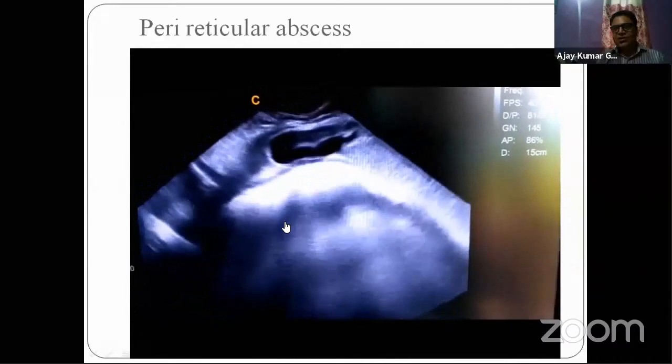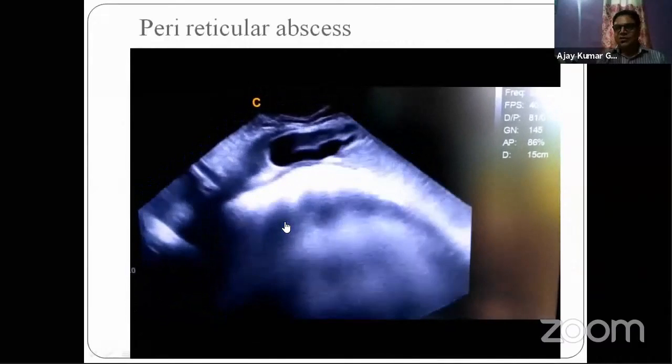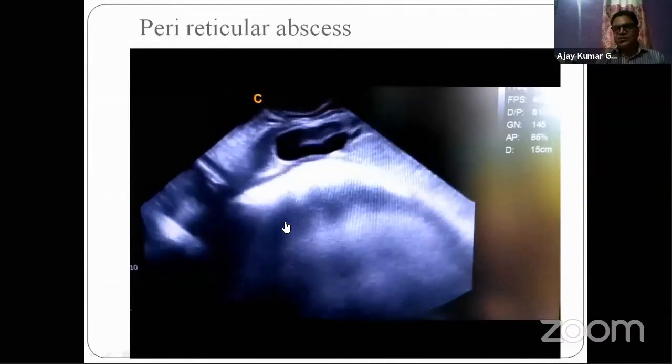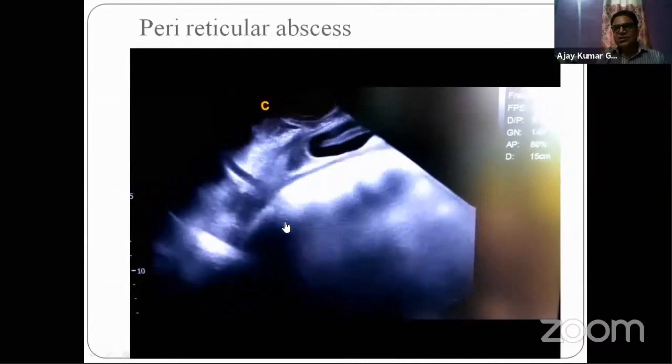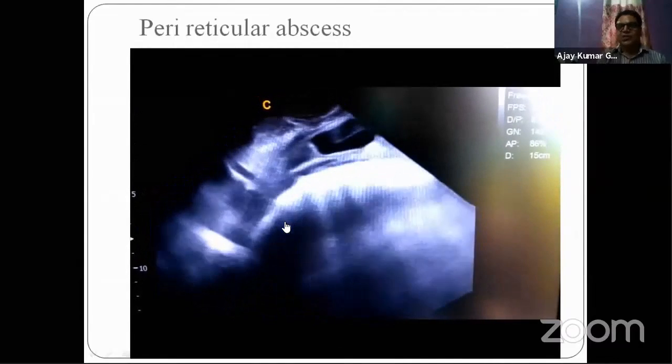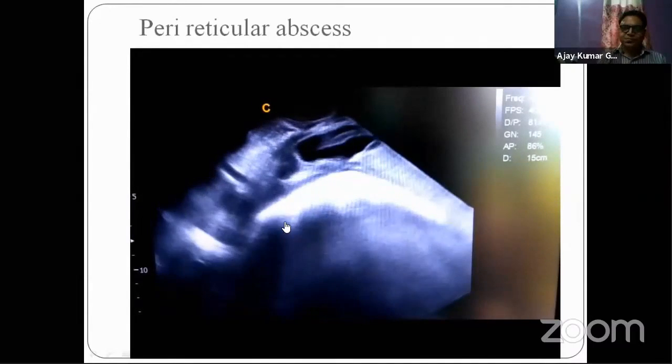So although the contractions are there, they are not typical biphasic contractions. The frequency as well as the strength of contraction is both altered.